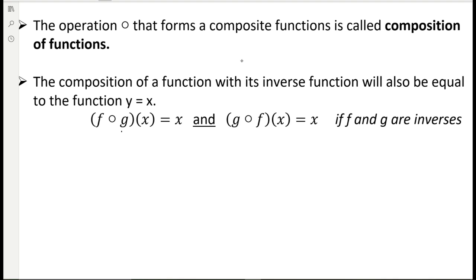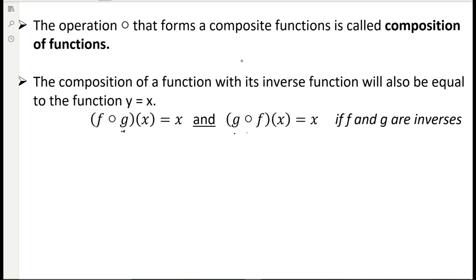So if f and g are inverses and you compose them together, then you're going to get x, even if you swap them with g circle f or f circle g. So both of these have to be true in order to be considered inverses. Okay, so if one of these is not true, then it's not an inverse. They both have to be true for f and g to be considered inverses.